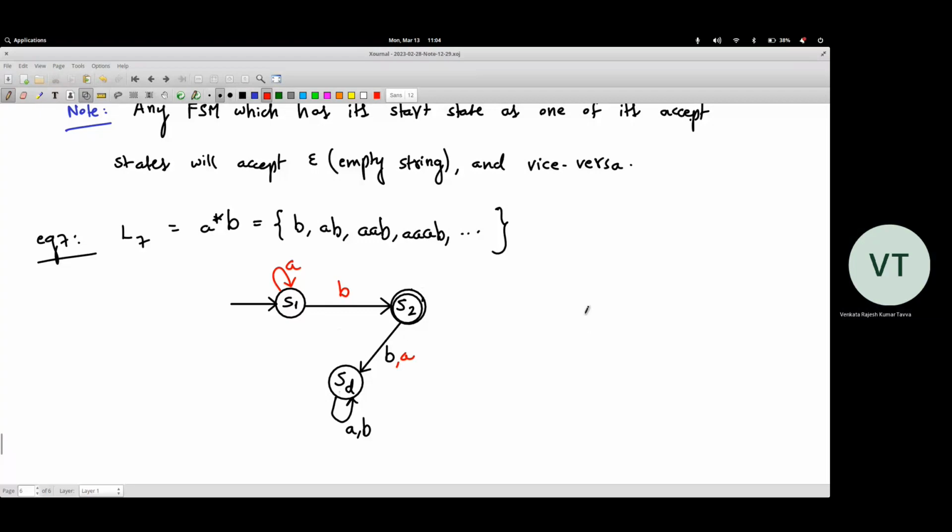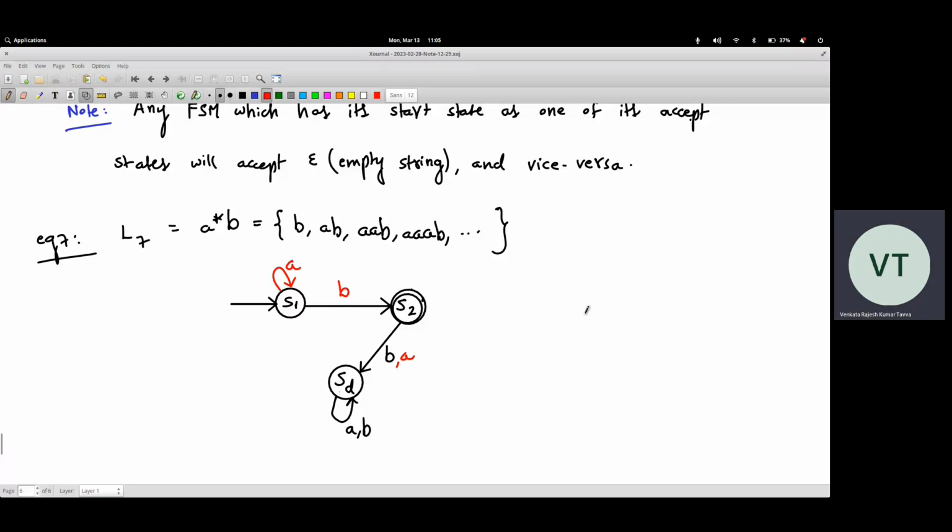You see, again, try to think semantically about the states. A star B means 0 or more A's followed by 1 B. Now, there is no distinction between 0 A's, 1 A, 10 A's, 100 A's, no distinction. So, when you are in S1, you haven't seen any symbol, so 0 A's you have seen.